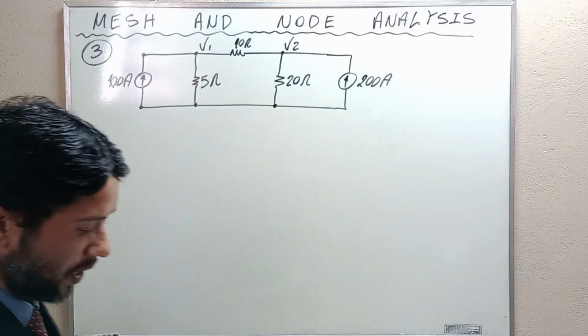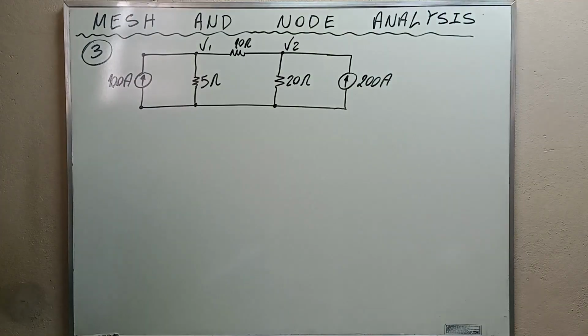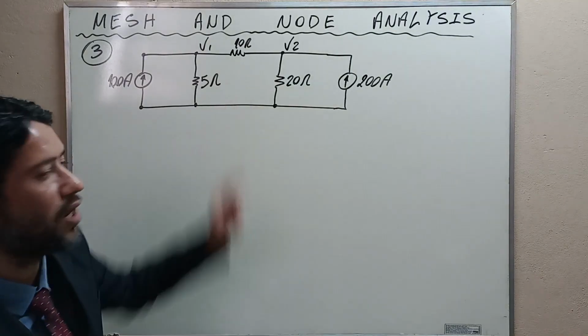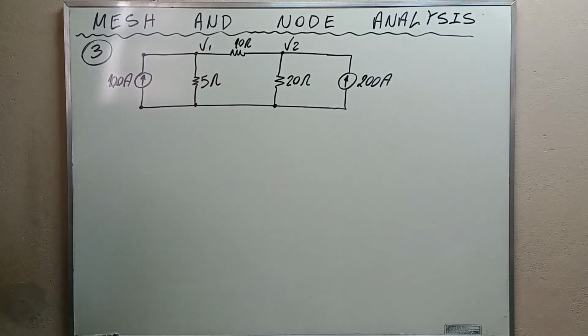Exercise number 3. Find the voltage across the 10 ohms resistor in the circuit. The exercise wants us to calculate the voltage across this resistor, okay? One of the several methodological approaches to solving this circuit involves its reinterpretation in terms of equivalent voltage sources through the application of Thevenin's and Norton's theorem.